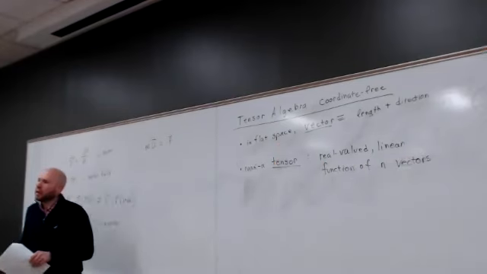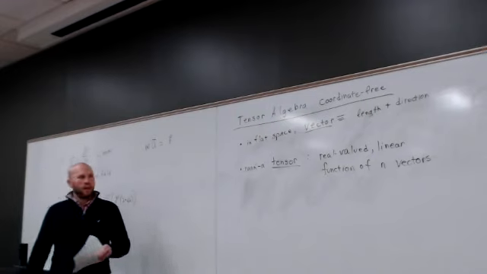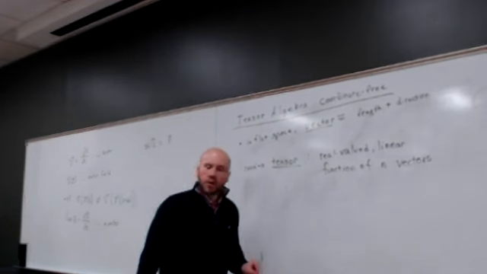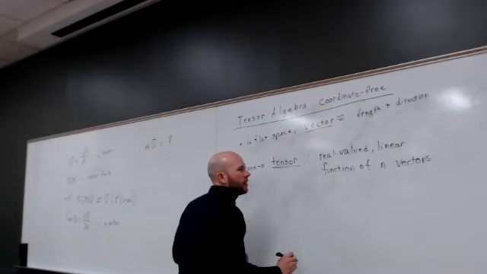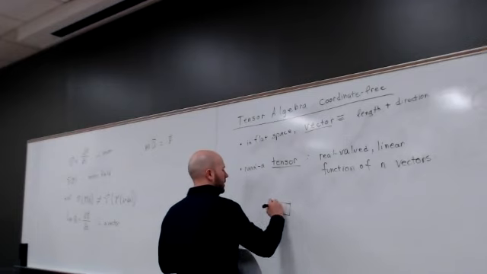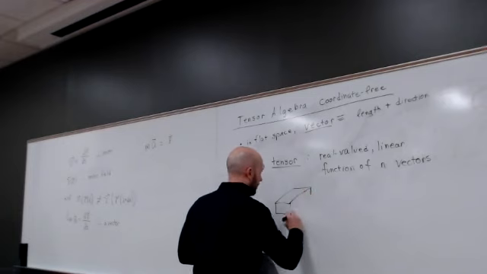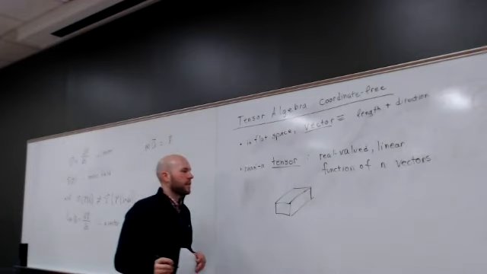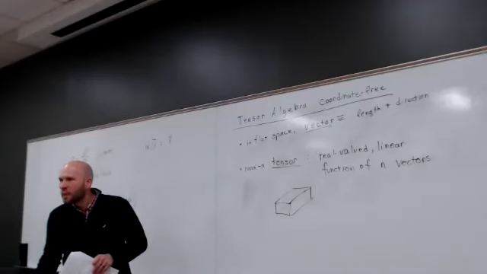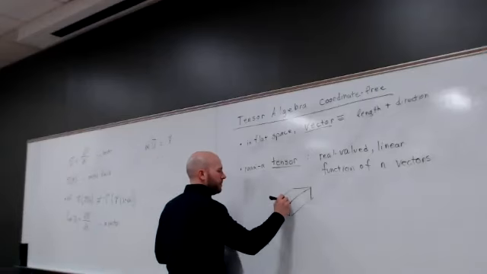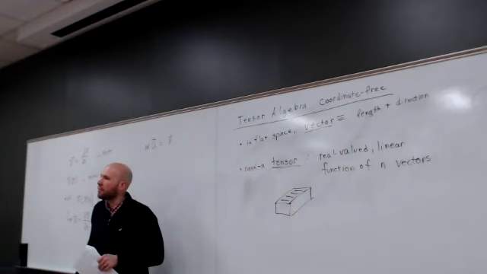The book has kind of a fun way of thinking about this. A real valued linear function of n vectors. So the way that the book makes this diagrammatically, it's kind of fun, is Kip and Roger had this idea that a tensor is like a box with slots. Some number of slots on the top.